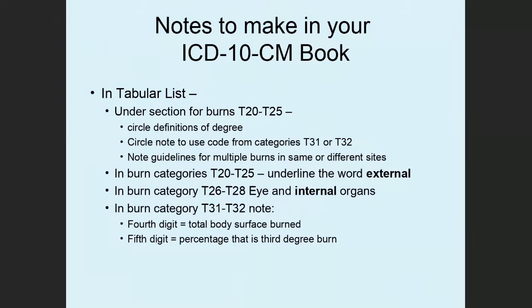In the burn categories T20 to T25, underline the word external. In the category T26 to T28, underline internal. So that's eyes and internal. T20 to T25 is external. In the burn categories T31 and T32, note fourth digit total body surface burned, fifth digit percentage of that which is third degree burn. So what we talked about, that's one of the confusing areas in coding for burns.